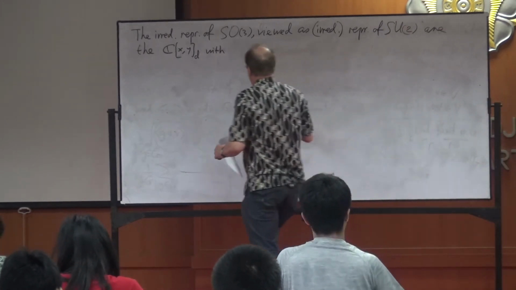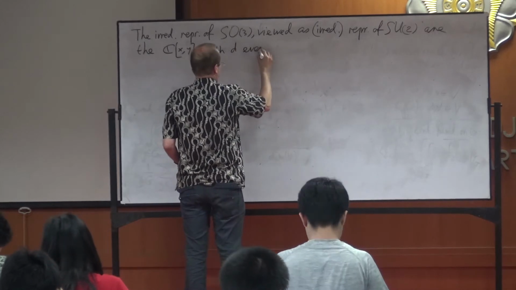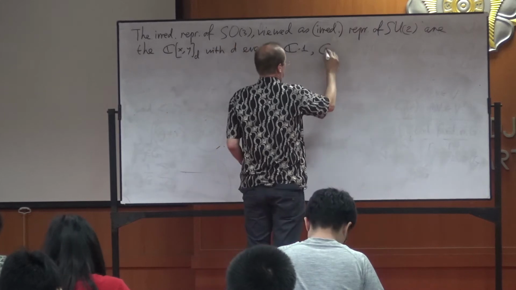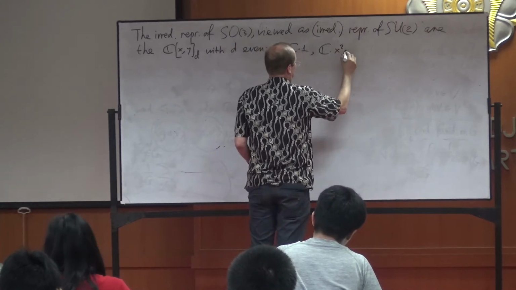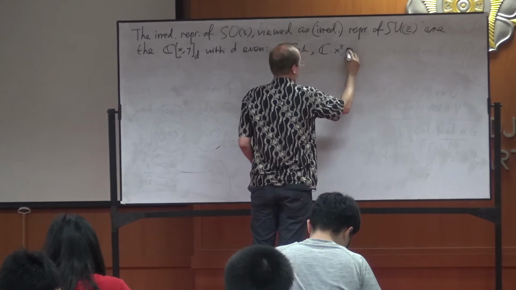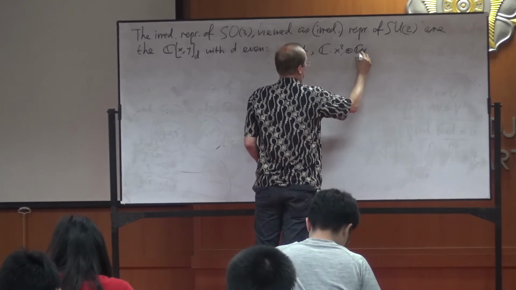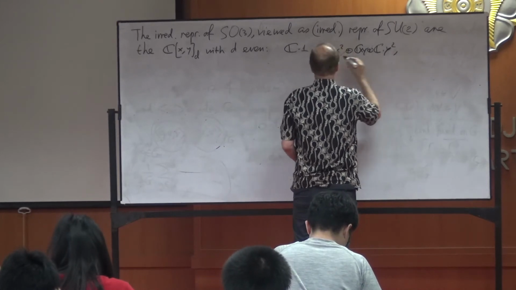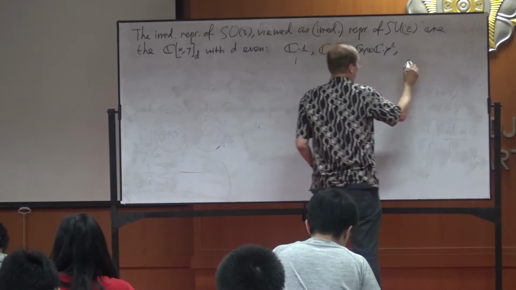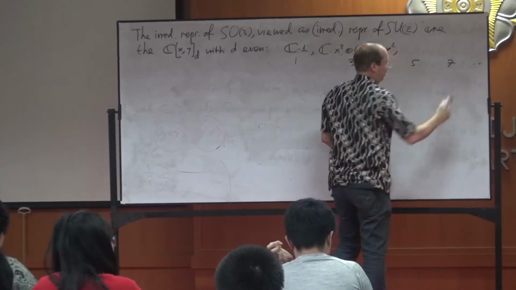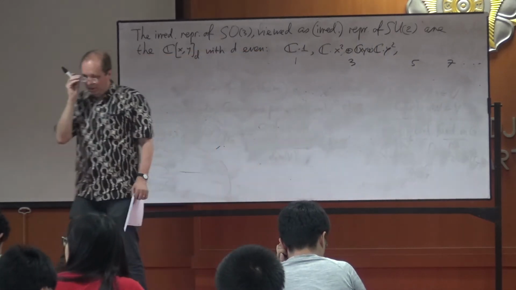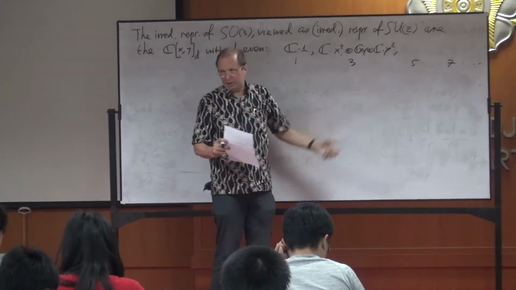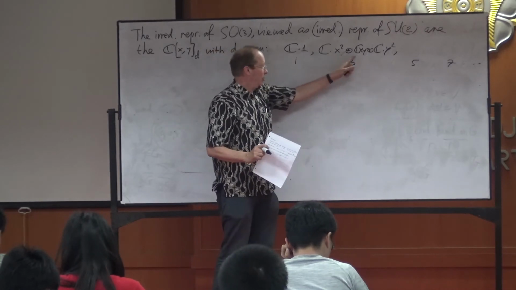With d even. So we have C times 1, then we have C times x squared, direct sum C times xy, direct sum C times y squared, and so on. This is dimension 1, this is dimension 3, then the next one will have dimension 5, 7, all the odd numbers appear. Okay? Because, as I say again, if you send x to -x and y to -y, then these monomials are fixed, right?